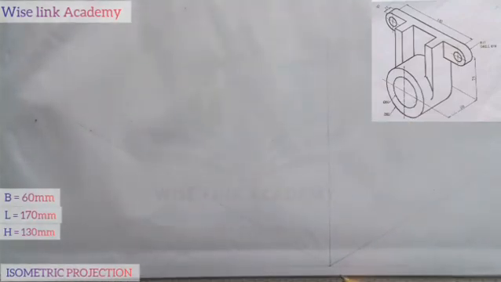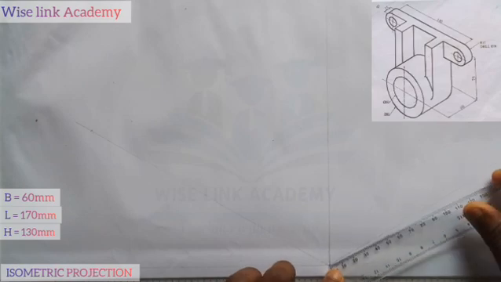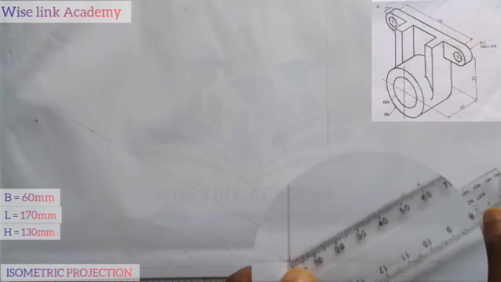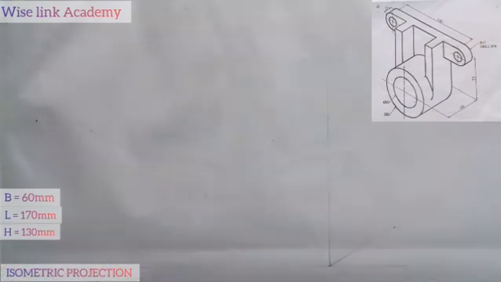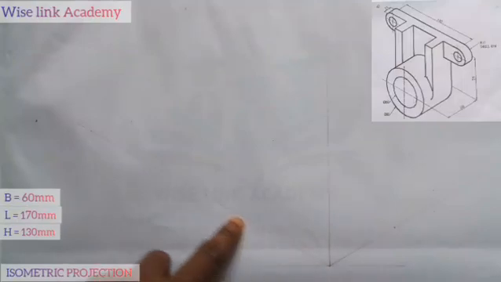Now, our breadth from here to here is going to be what? In the question, to be 60. As you can see the figure in front of you. From this point here to this point is 60. Right? Next up, from this point here to this point, we said our entire length is 170. So I'll measure out to 170.